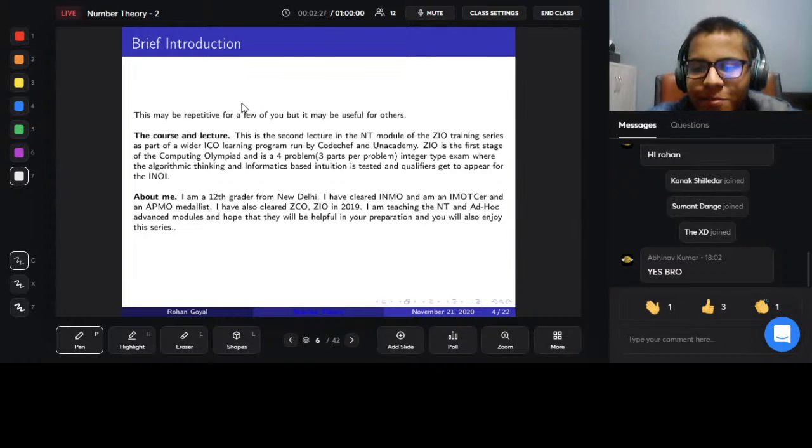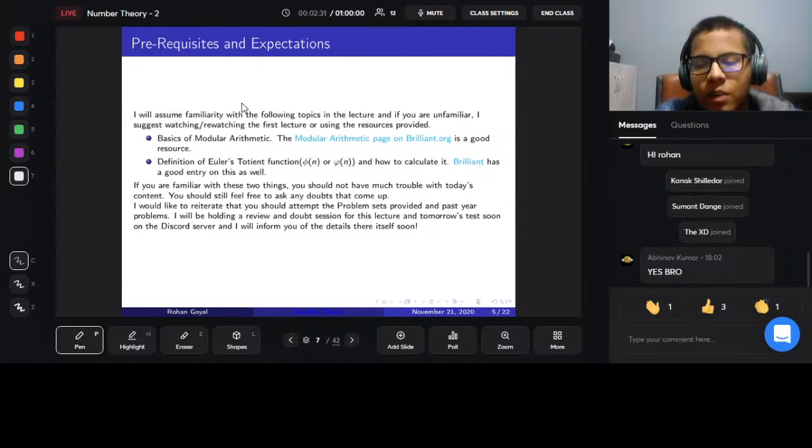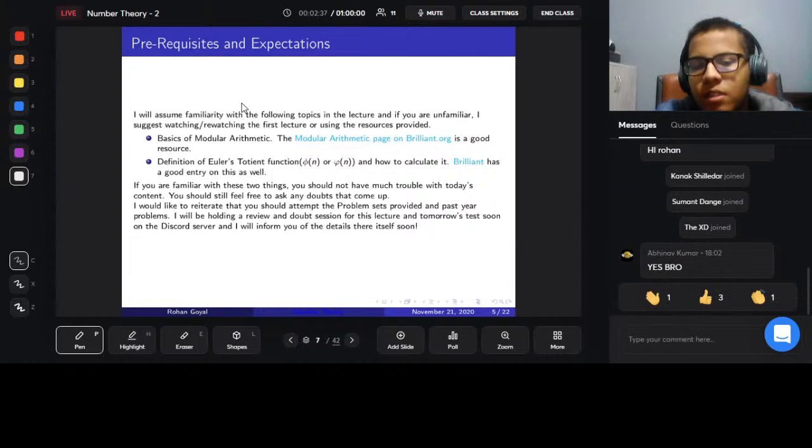All right, awesome. Okay, so I'll be assuming some prerequisites. The prerequisites are from the previous lecture itself. You should be familiar with the basics of modular arithmetic and you should know what the totient function is: the number of numbers less than a number which are co-prime to it.